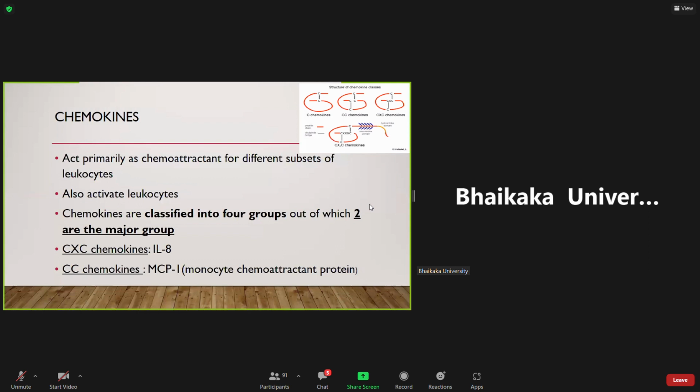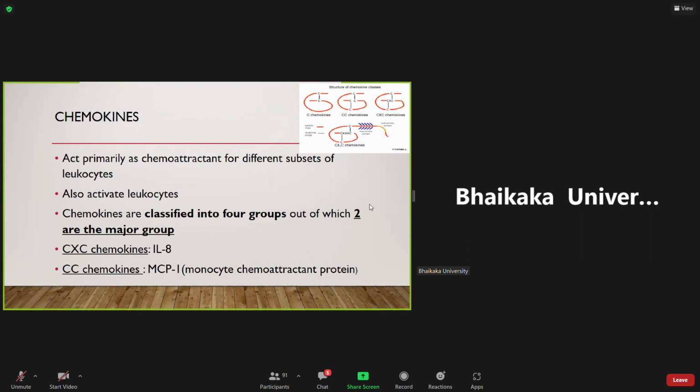Coming to the chemokines. So chemokines, they are chemoattractants. They are for different subsets of leukocyte. मुझे मालूम है कि मेरे को इसी सेल को अट्रैक्ट करना है. So I'll release a particular chemokine. So that is their role. They have a very specific role. They are not general mediators. So they also activate the leukocyte. So they can be classified into 4 groups, जिसमें से 2 main हैं.